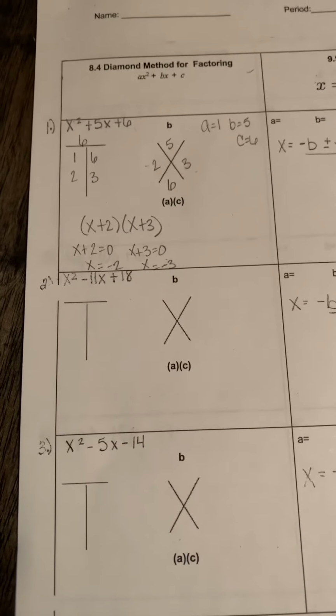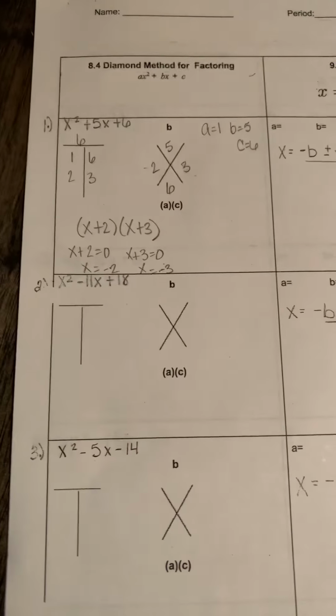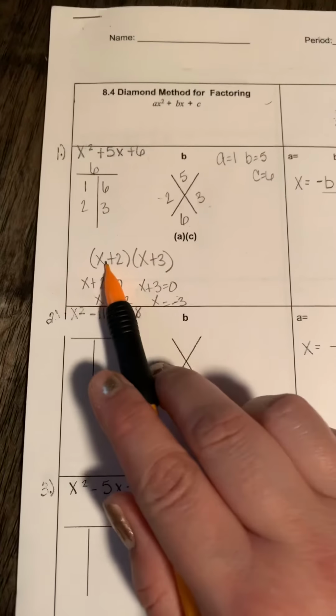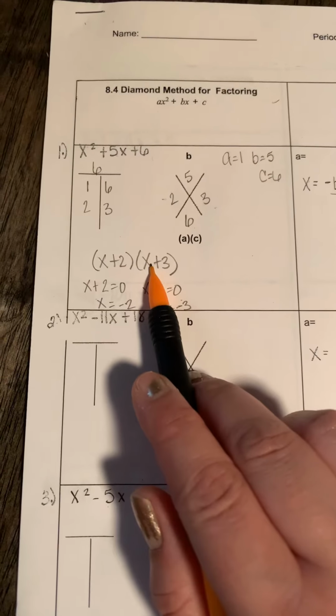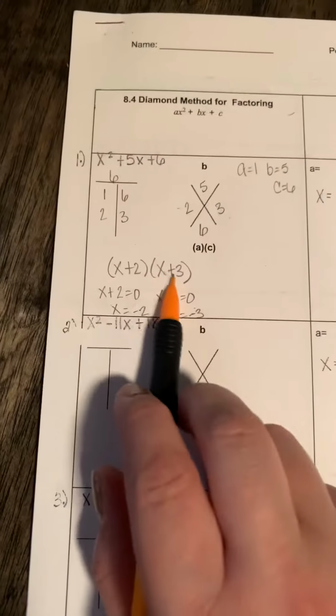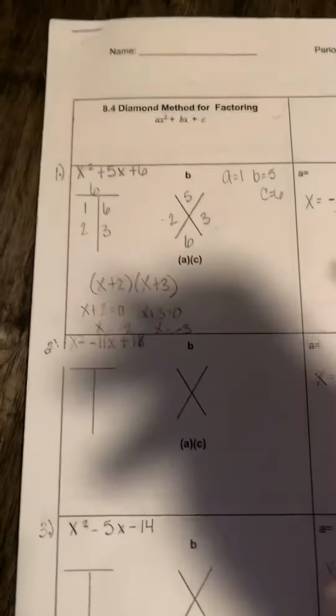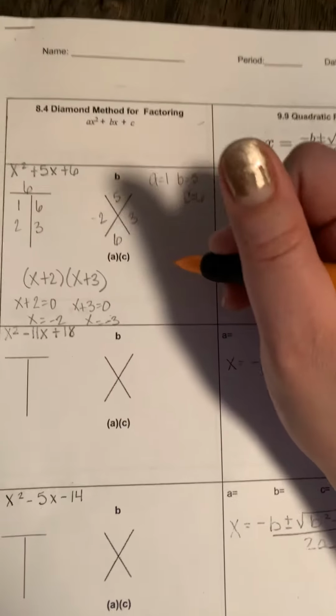And then we could go through and check ourselves to make sure that these truly are our factors, and will multiply back to give us this, by using the box method, which we did earlier this year.